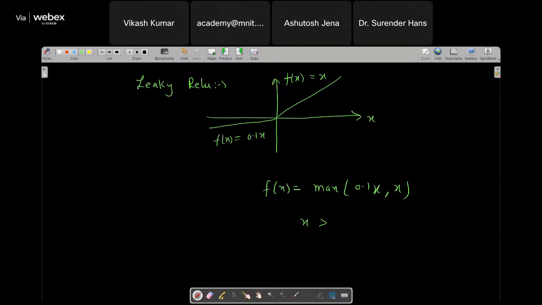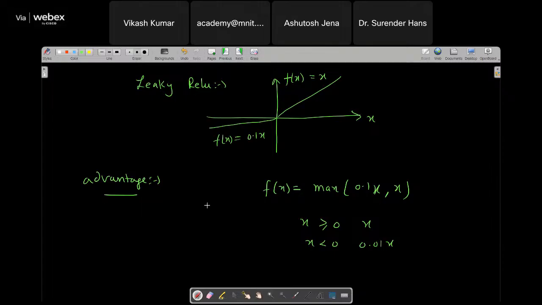If x is greater than or equal to 0, it is x; if x is less than 0, it is 0.01 of x, that is a fraction of x. So the benefit is that when x is negative, the derivative will not be equal to 0.